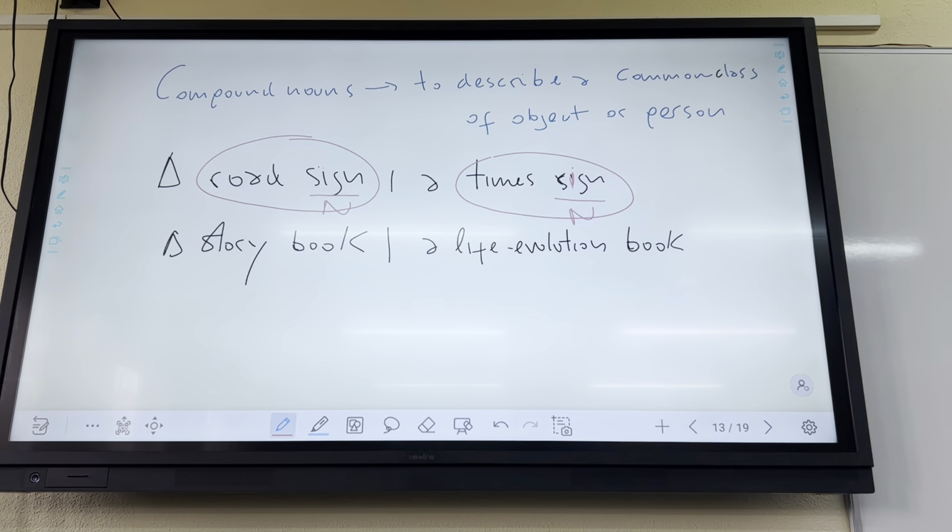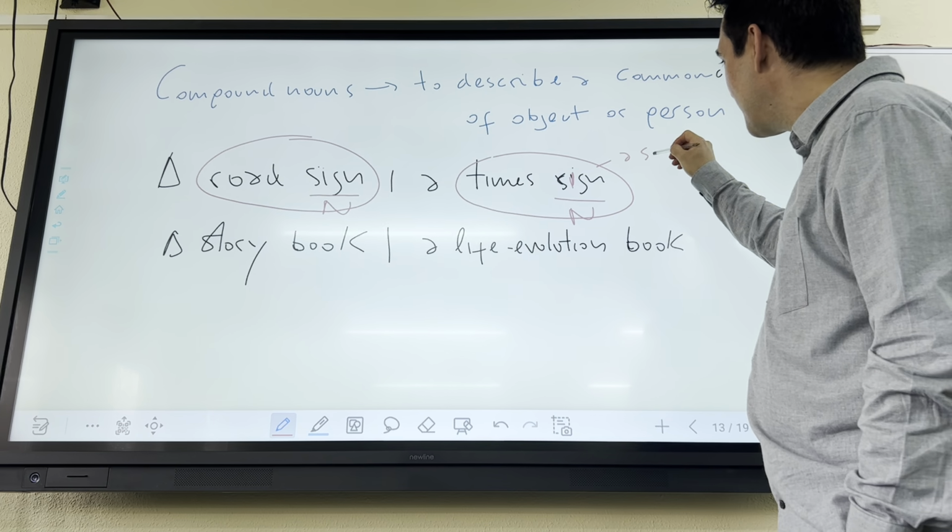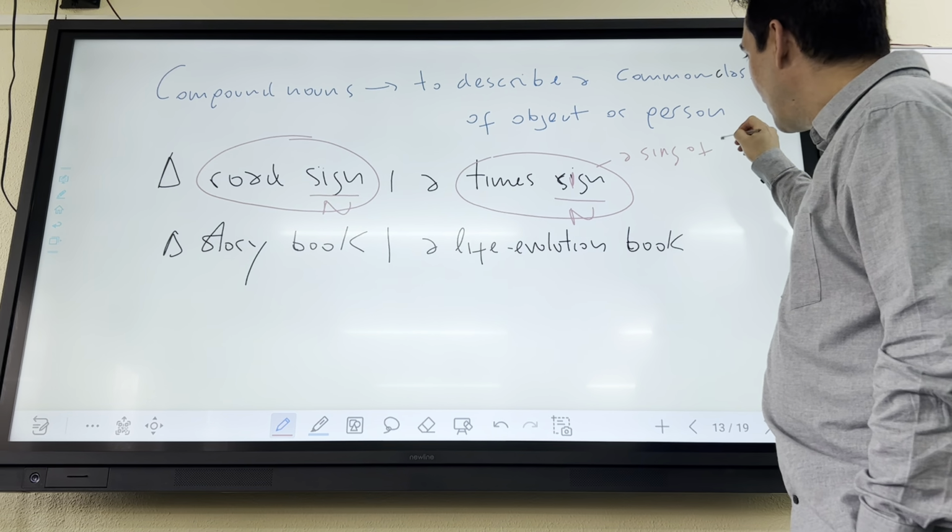Imagine that they're teaching new things at university, new degrees, you know, that is a time sign. Sounds weird? It sounds weird. It's better to say it's a sign of the times, you know?